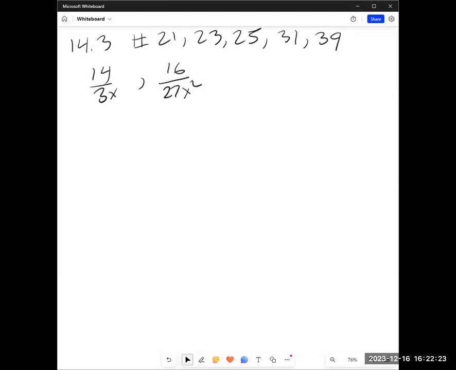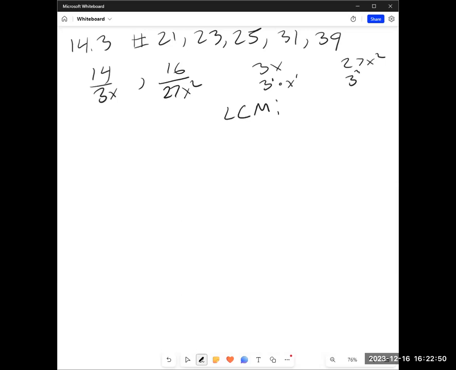As long as we can't simplify anything, we're not too interested in the numerators to start off with. So I'm interested in this 3x and this 27x squared. My LCM, which is what I'm going to use to get my LCD, for these is: this is 3 to the first, x to the first.